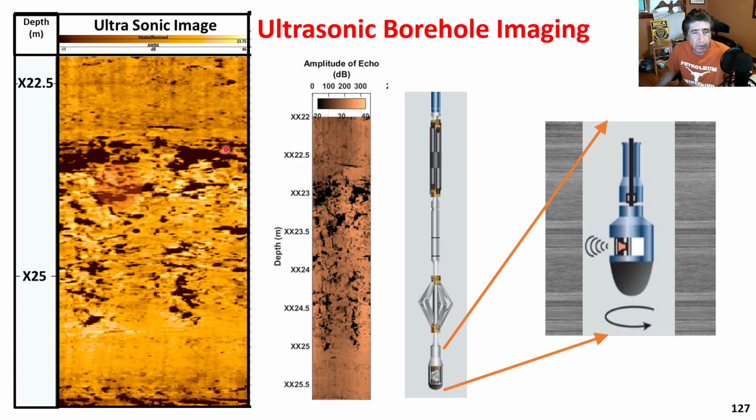So what we have here are plots in these colors. Typically we have yellowish, reddish. And what it means is that when the reflection coefficient is high, the colors are going to be toward the yellow, and when the reflection coefficient is low, the colors are going to be closer to the dark that we have here.